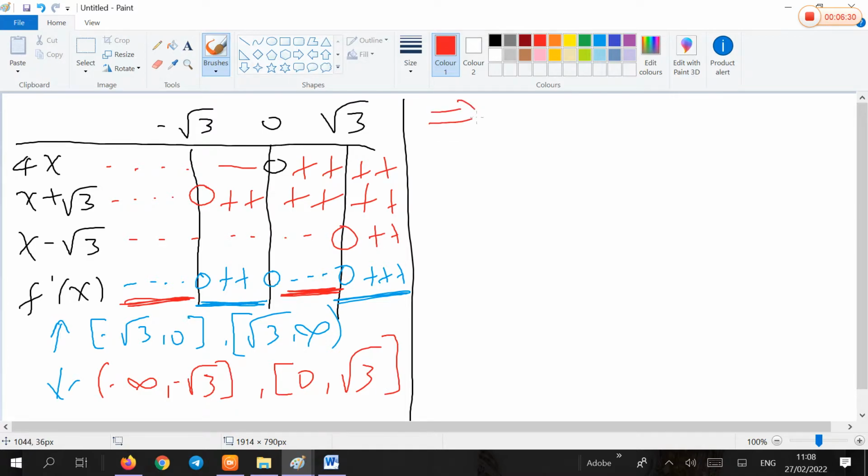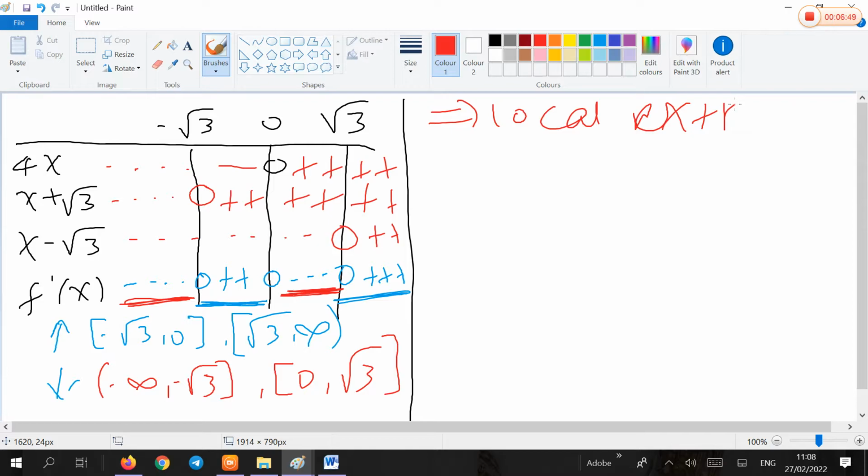The other thing is local extremes, local maximum and local minimum. If the first derivative changes sign from positive to negative, then you will have a local maximum at the given point.